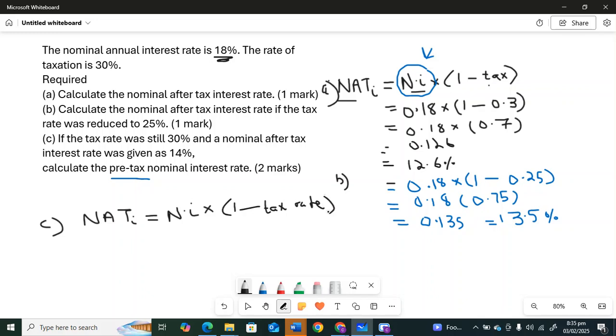So to make our nominal pre-tax interest rate the subject of the formula, we divide both sides by 1 minus the tax rate.